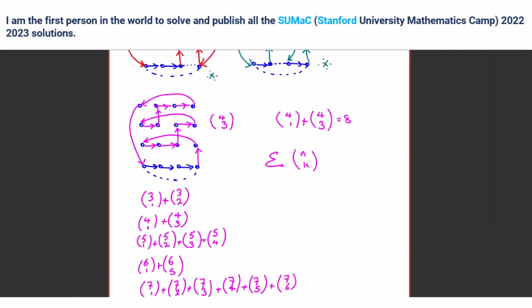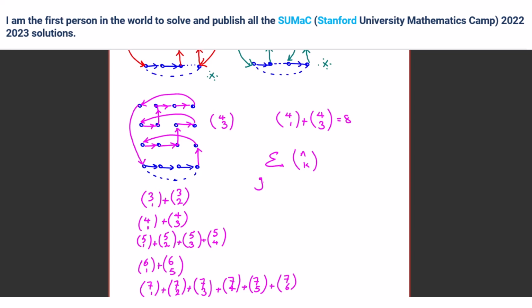All the ones that add up to n. But here we don't have 6 choose 2 and 6 choose 4. One of the numbers needs to be odd. There should be a relationship between n and k. What's the relationship? n and k are relatively prime. Exactly. GCD of k and n should be 1.